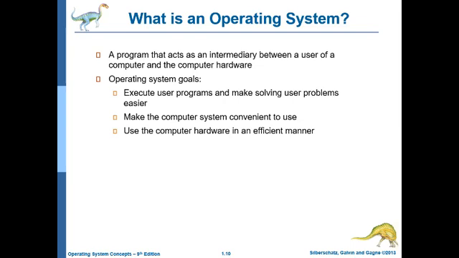So what is an operating system? One definition is that it is a program, a software that acts as an intermediary between a user of a computer and the computer hardware. What does that mean?